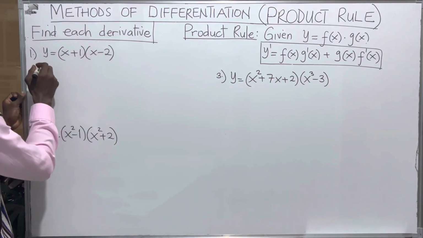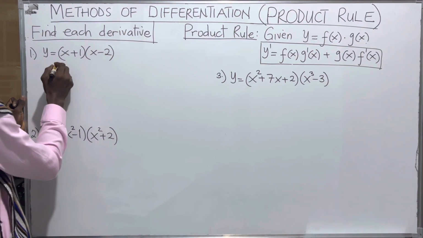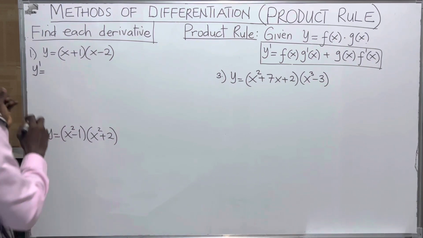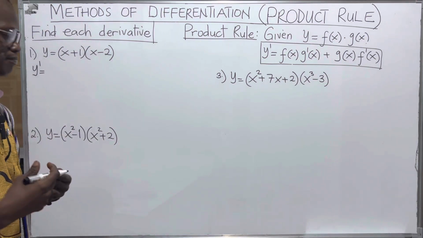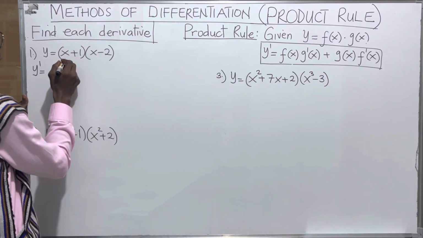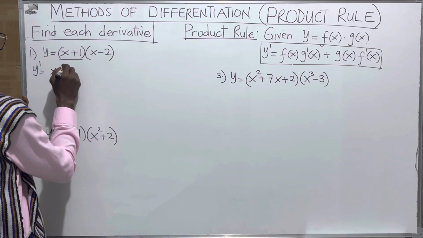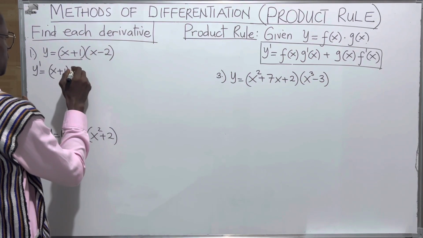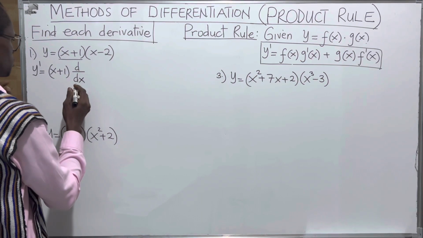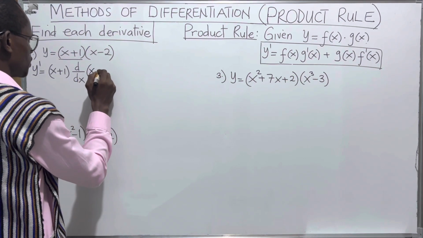So the first problem says we want to differentiate this one. So we say y prime. Now, we want to use derivative notation. So we hold this first factor, x plus 1, and then we differentiate this one. So we say d by dx of x minus 2.